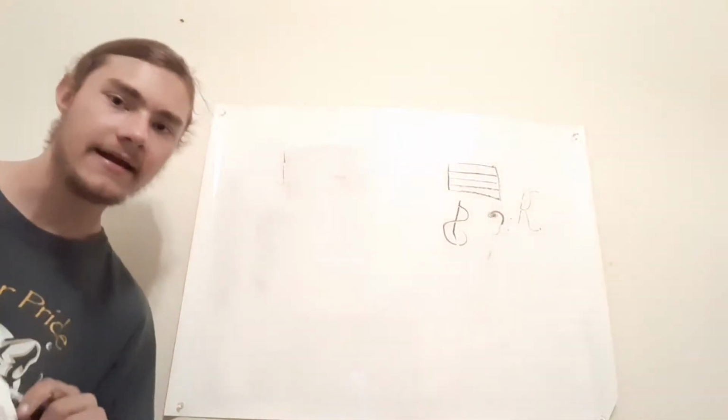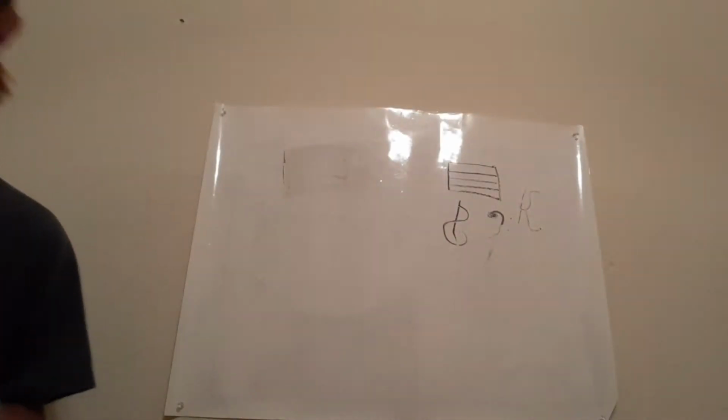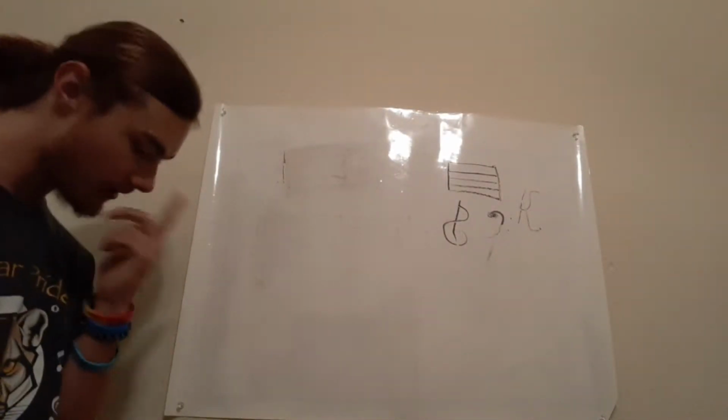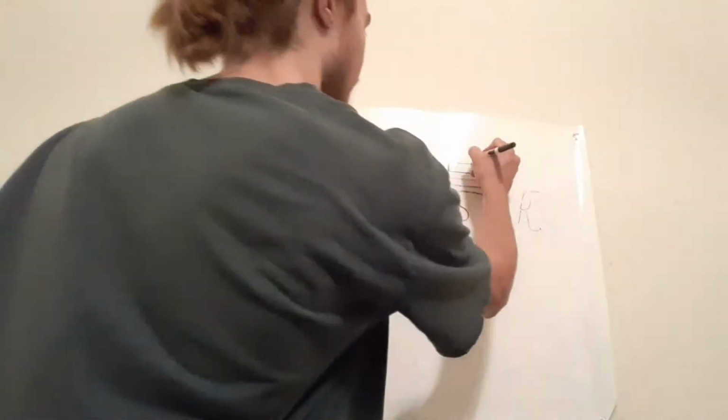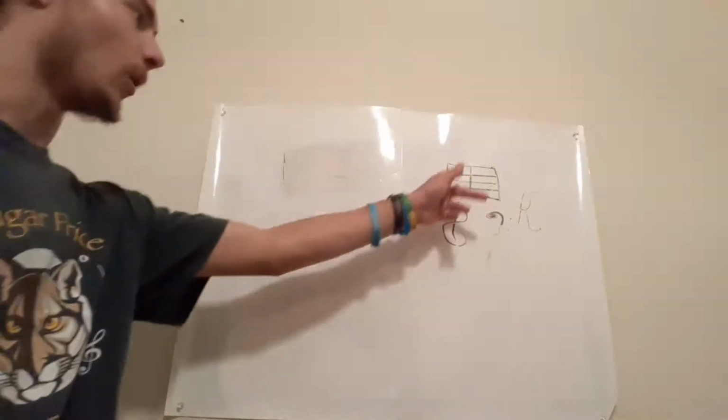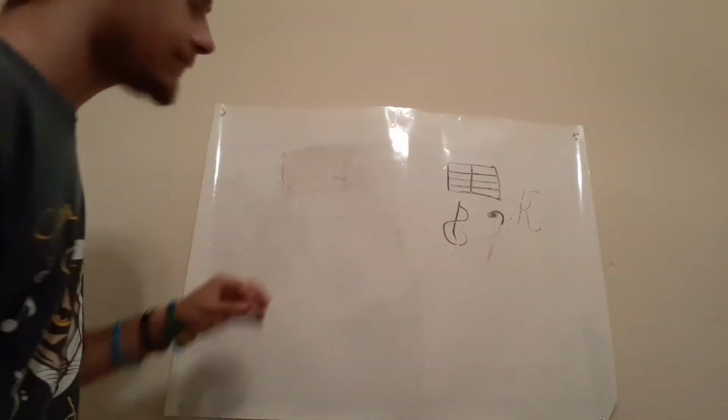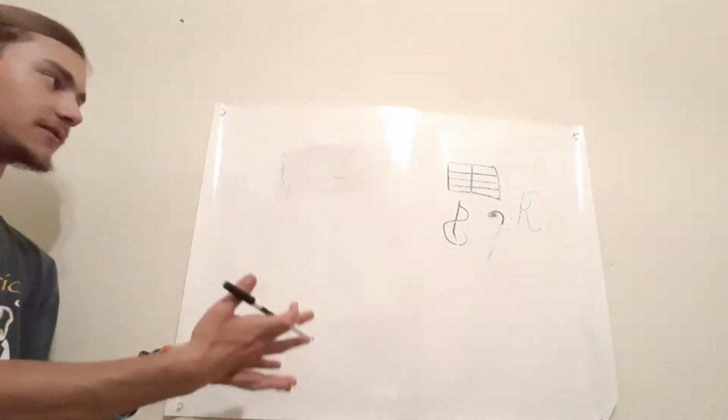Along with your staff, you have these things called bar lines inside the staff that mark out a measure, one measure. The length of a measure depends on the time signature.